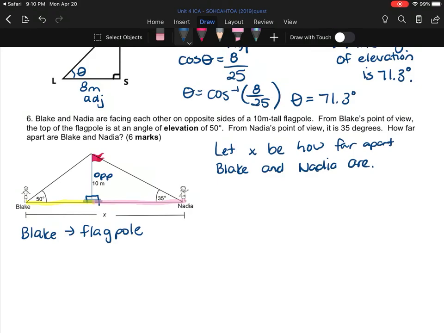Okay, so actually in either case, either from Nadia or Blake, that 10 is going to be the opposite side. And then we have the adjacent side. So if you did any of the homework, then you would have seen that many of the questions, you are going to be using tan. We don't often have to use the hypotenuse.